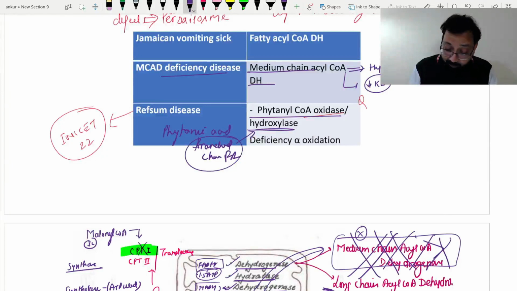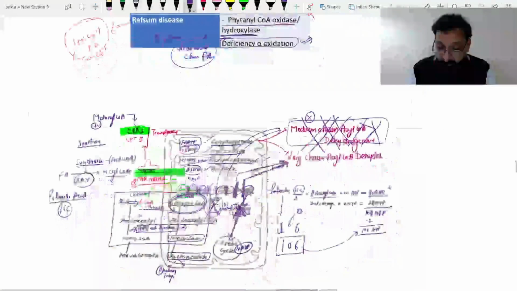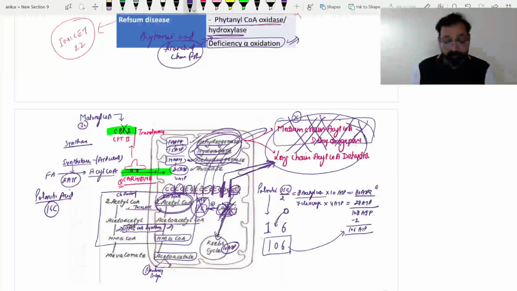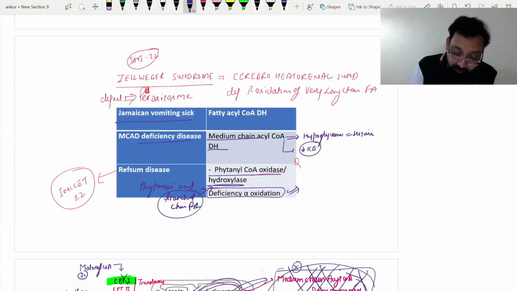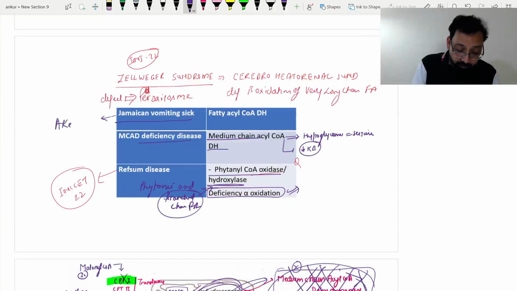In Refsum disease, there is deficiency of alpha oxidation. Jamaican vomiting sickness: the fatty acyl coenzyme A dehydrogenases are deficient. Actually, it's not deficient as such. Jamaica is a place where there is ackee fruit. Ackee fruit contains a compound, hypoglycin.